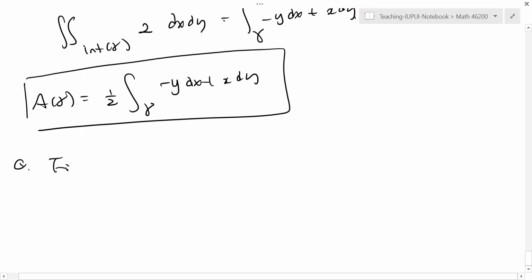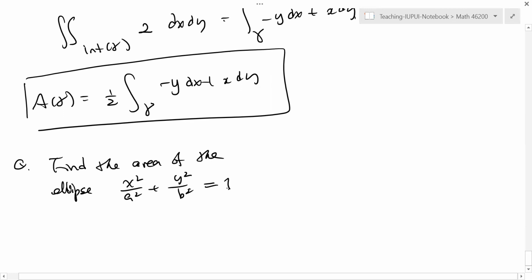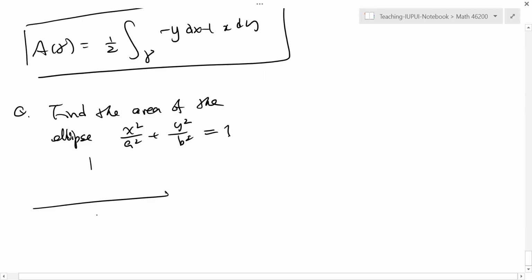Find the area of the ellipse described by this equation. Can you try this? How do you solve it?